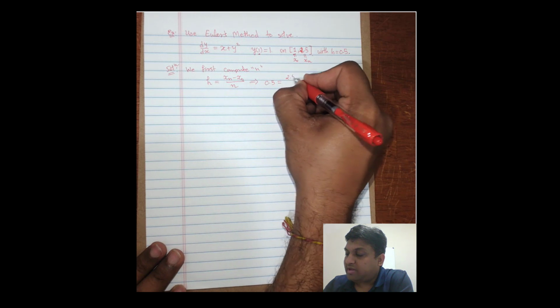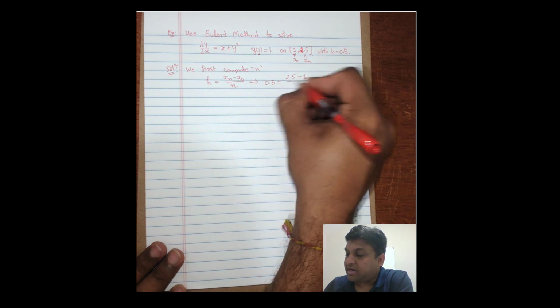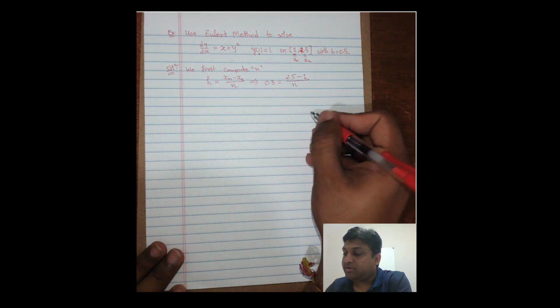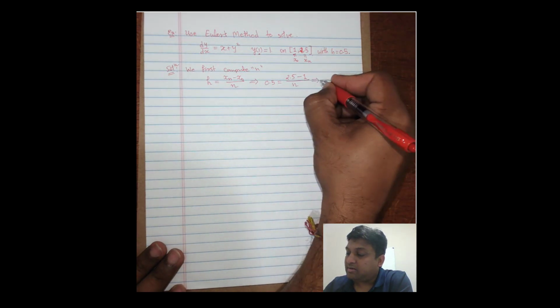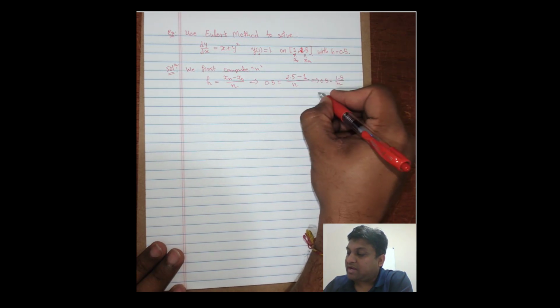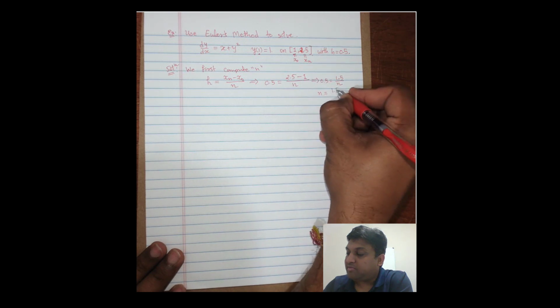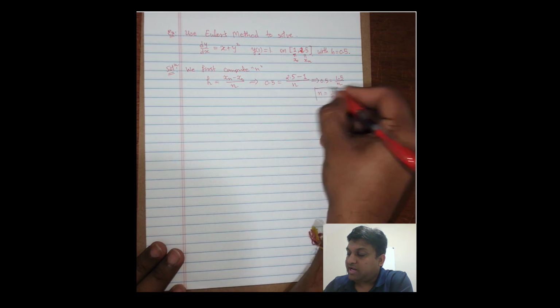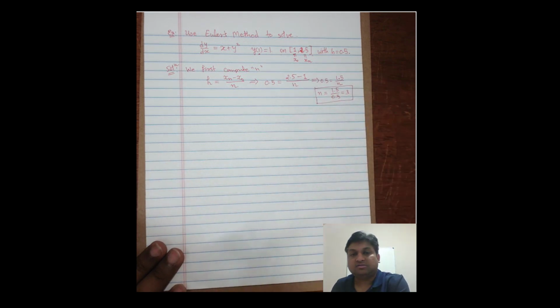This is 2.5 minus 1 divided by n. You see, there is only one unknown. Solve it for n. I get 0.5 equal to 1.5 divided by n. So my n is going to be 1.5 divided by 0.5, and this is 3. I only need the first 3 solutions. Again, I only need the first 3 solutions.